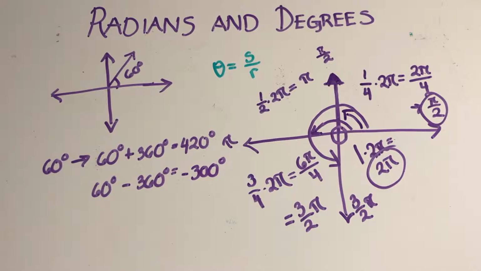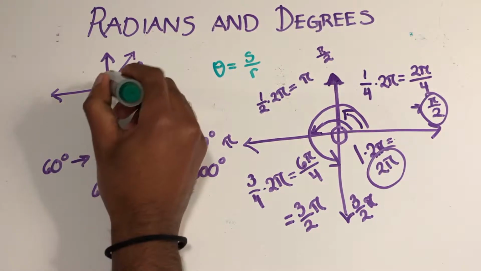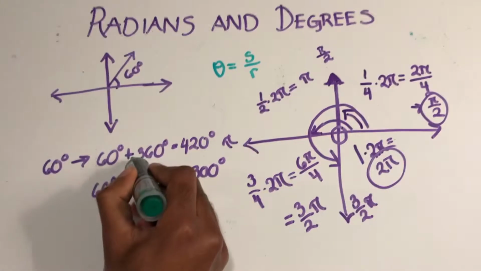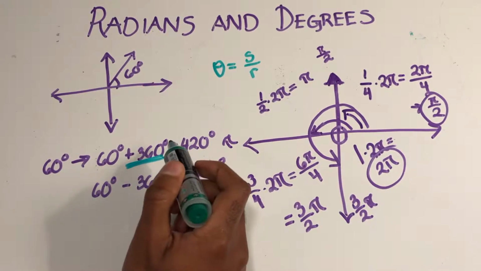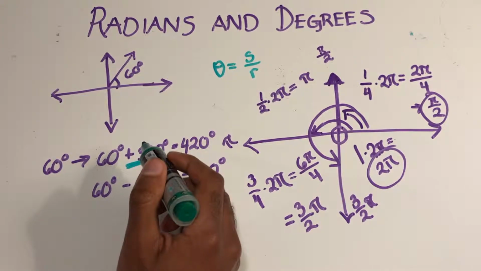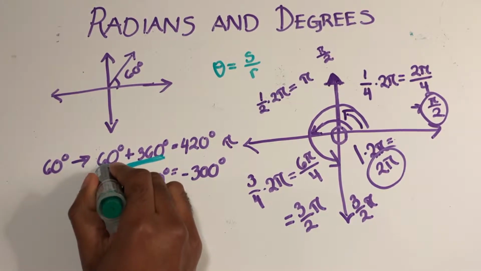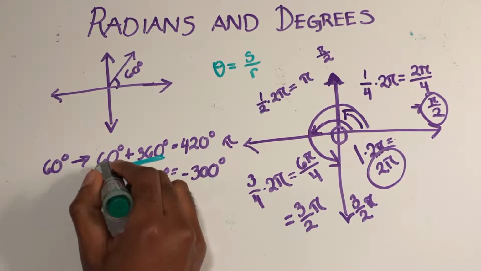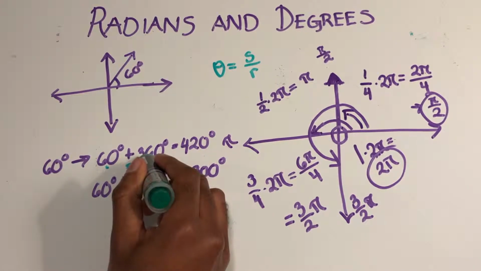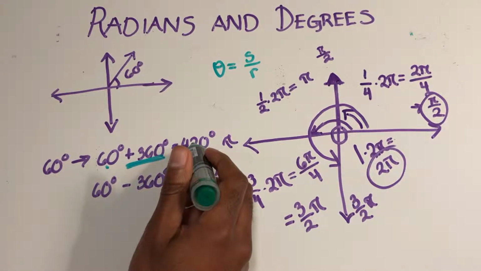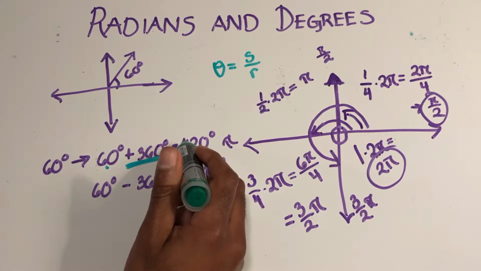So what does this mean? What is this actually saying? Well, at 60 degrees here, if you go one full revolution around the graph from the position you started at, you're going to end up at an angle of 420 degrees.